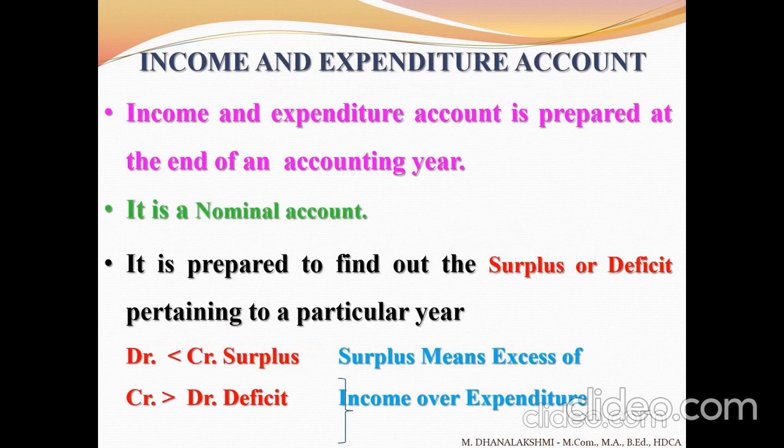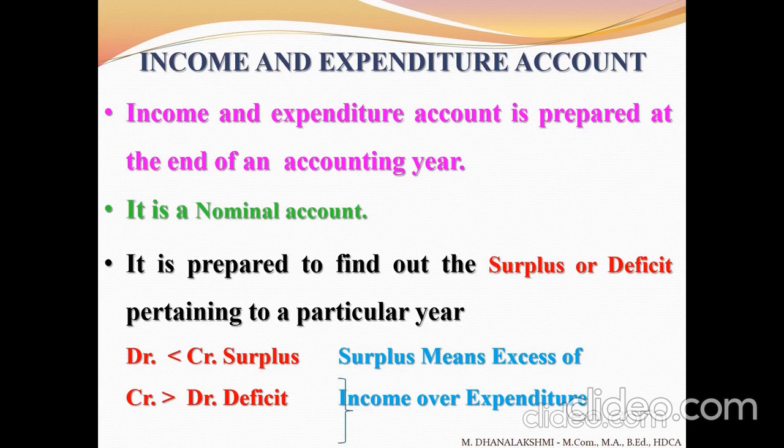Now, income and expenditure account. Usually the income and expenditure account is prepared at the end of the year. It is just like a profit and loss account. In a profit-oriented organization, they prepare a profit and loss account. It is a nominal account. What is the nominal account rule? Debit all expenses and losses, credit all income and gains.